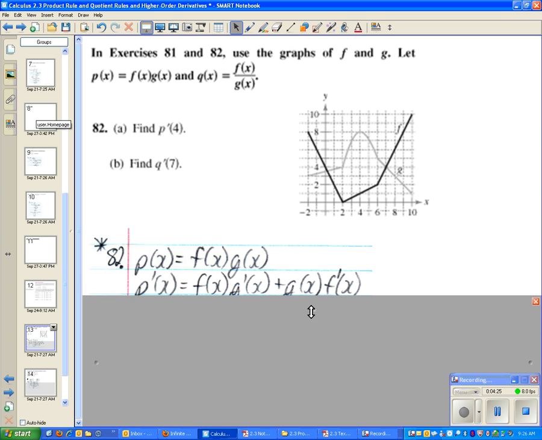So p prime of x equals the first function, f of x, times the derivative of the second, g prime of x, plus the second function, g of x, times the derivative of the first, f prime of x.